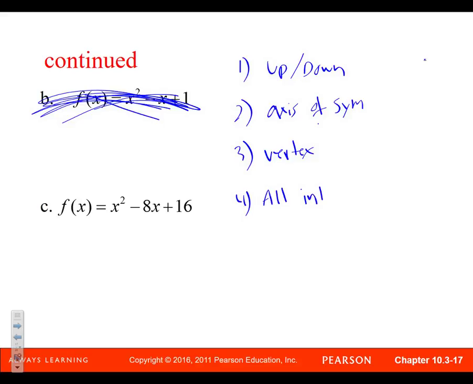All intercepts. 5. Domain and range. Okay. That's 10 minutes or 7 minutes to do that before you head out. You can do it.